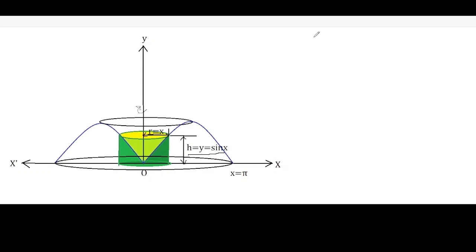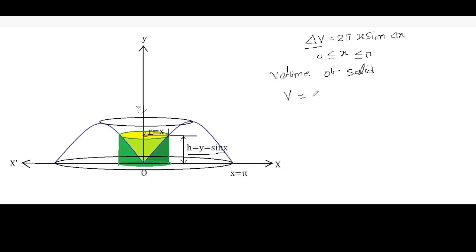We already found out the volume of the cylinder, delta V is equal to 2 pi x sin x into delta x, where x is varying from 0 to pi. Now to find the volume of the solid, we need to integrate the volume of the cylinder from 0 to pi.